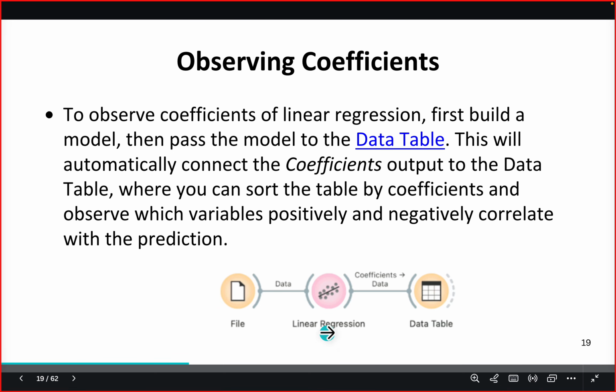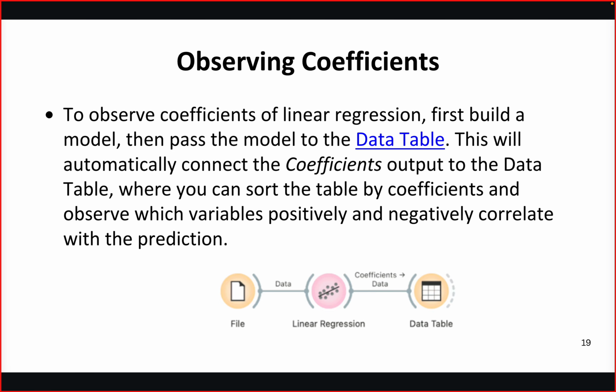If we only put it into the regression widget, we cannot see the coefficient. It doesn't automatically give you the report or output. So we need to bring in a table view or data table to view the coefficient. So that's called observing the coefficient.